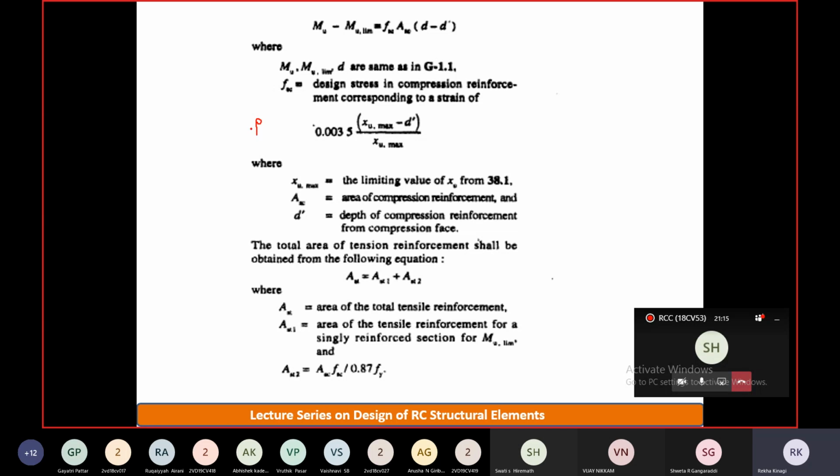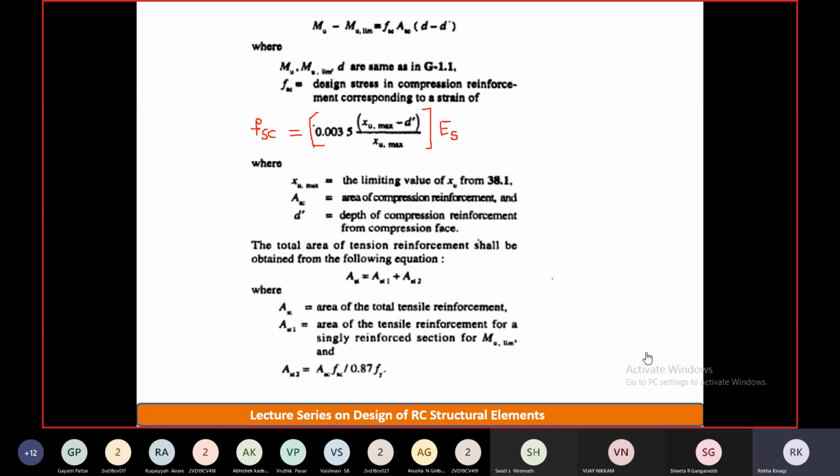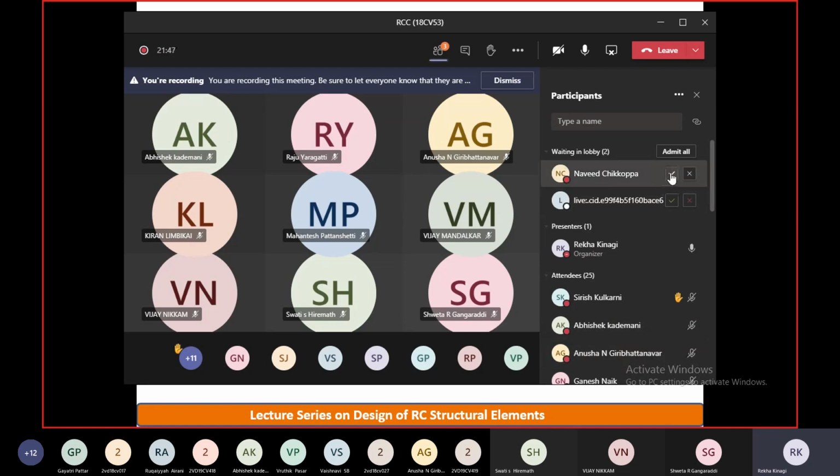I can write FSC is equal to this strain value, 0.0035 into XU max minus D dash divided by XU max, into ES. What is this ES? ES refers to Young's modulus of steel. So we can calculate this.